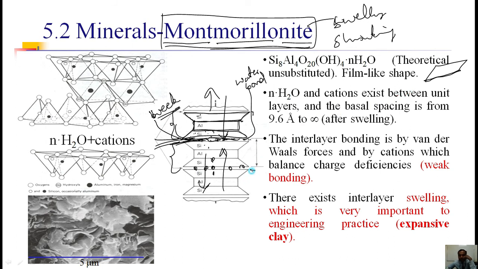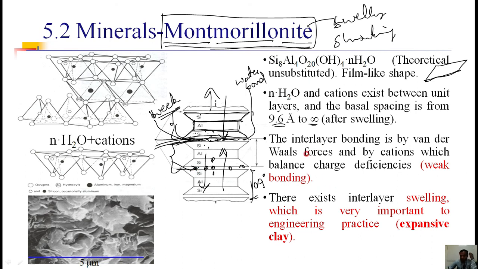The size of this one will be 10 angstrom or 9.6 angstrom, to infinity, infinity means it is not definable. How much bigger it will be cannot be explained, after swelling, because water will enter inside and it will go on swelling.